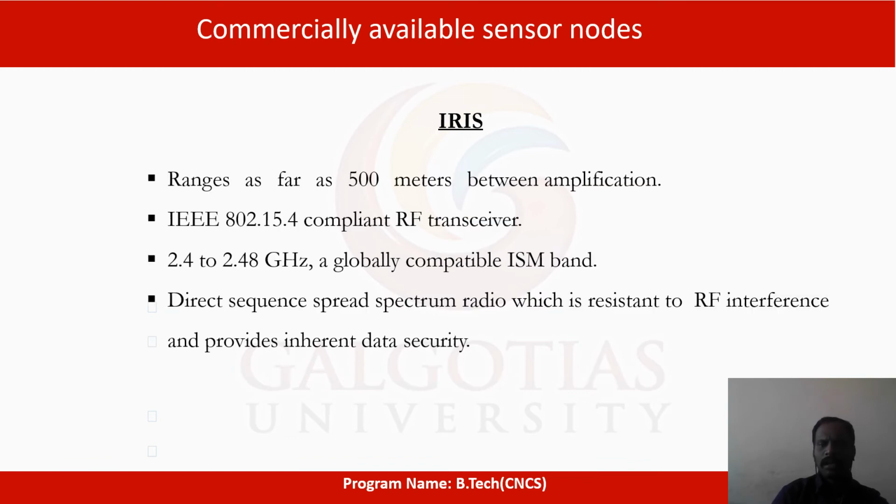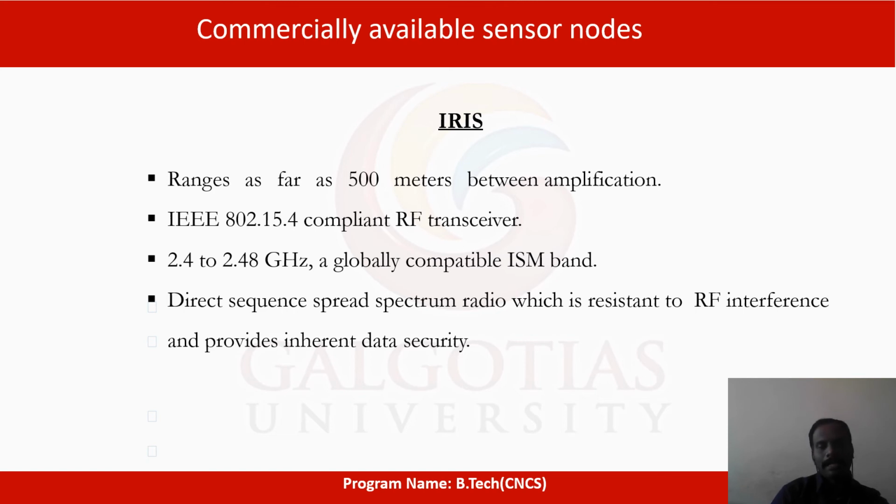In Iris, the range is 500 meters between amplifications. An IEEE 802.15.4 RF transceiver is used for the ISM band of 2.4 to 2.48 gigahertz.